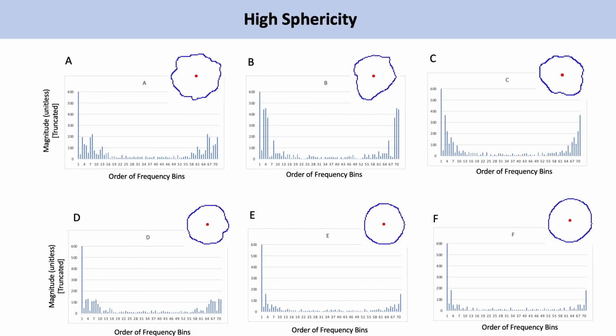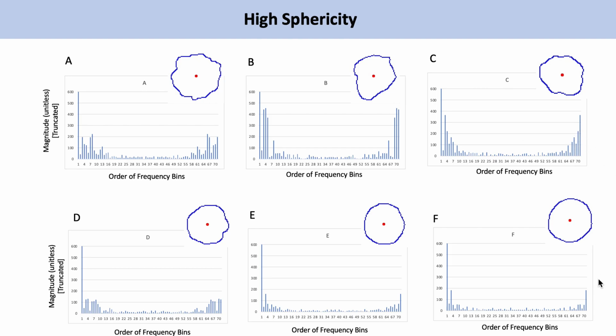And here are shapes A through F, the high sphericity shapes. As you can see, each has a distinct frequency spectrum. The general pattern is that the smoother the edge of the rock is, the smaller the magnitude bars are. Another theme is that for shapes like B and C that are not radially symmetrical, you see these last 3 bins are very high.